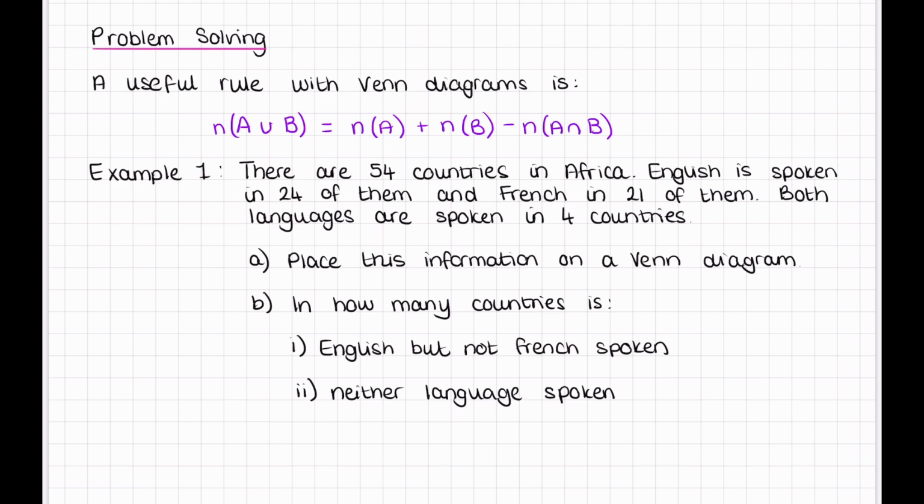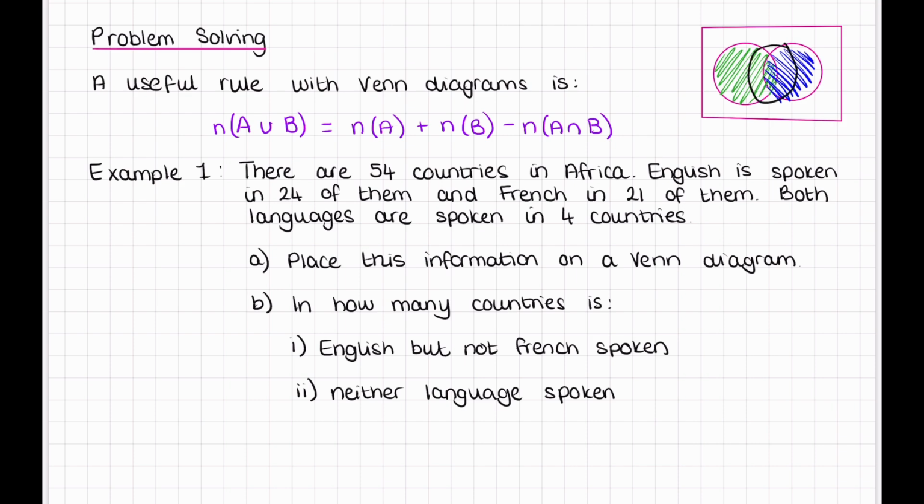The reason for it being like this is because if we have the number of A, we do this equation. The number of A would be everything in A here, plus B, which is everything in this circle. But you'll have noticed in the middle that we have added the intersection twice.